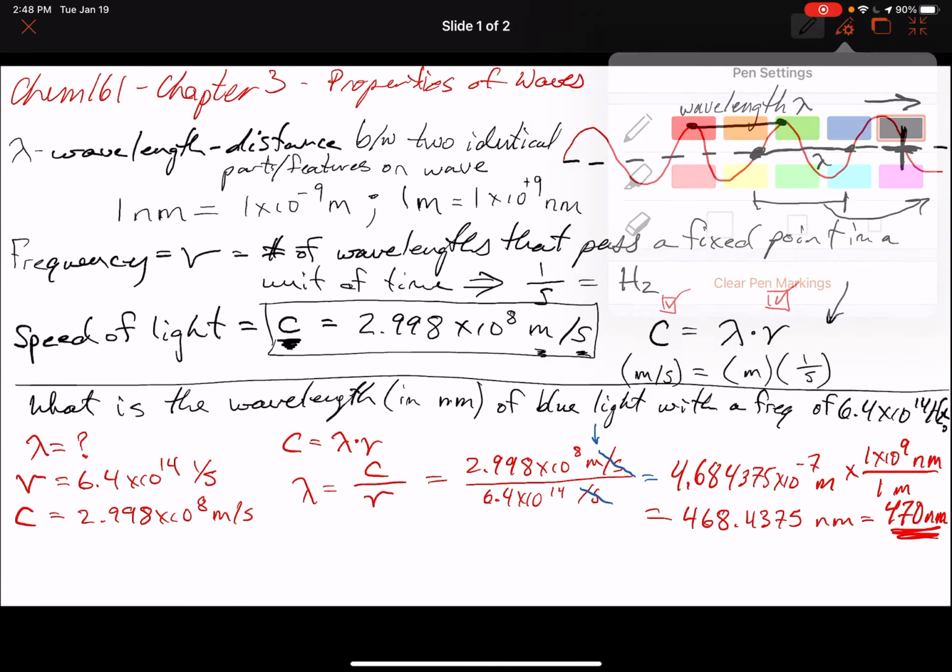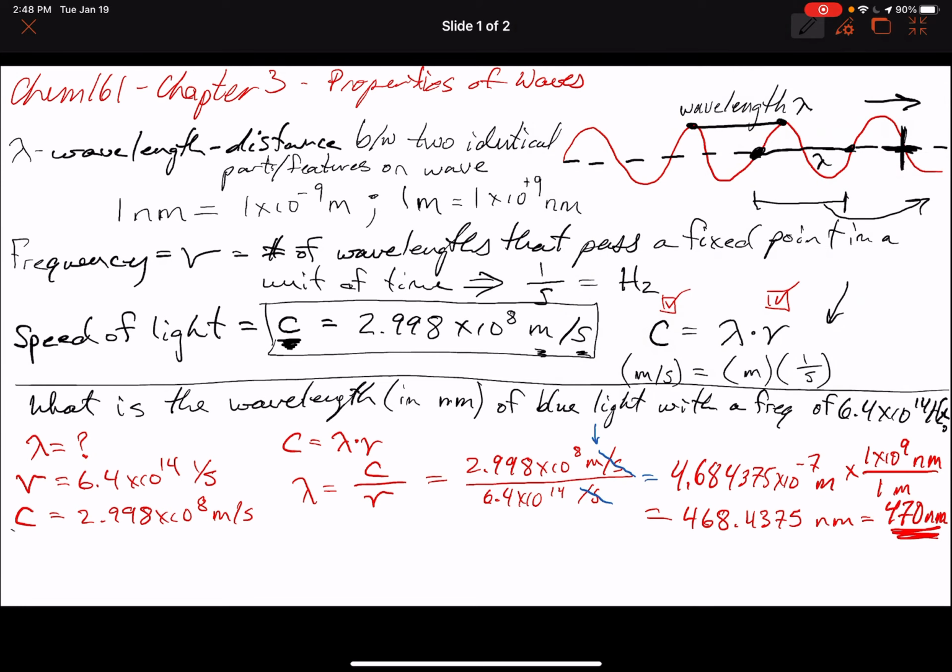Okay, we'll try one more here quickly. Squeeze it in if we can. So here we'll go a little bit backwards.